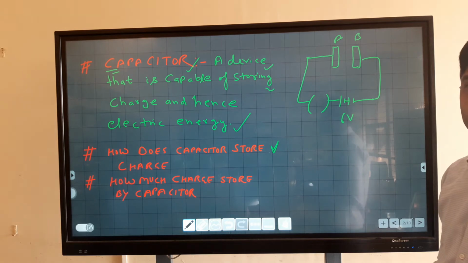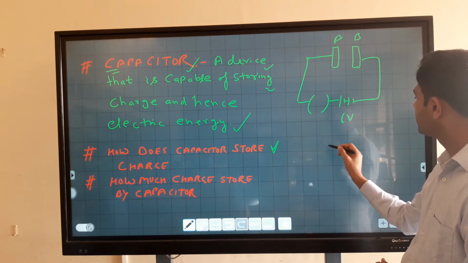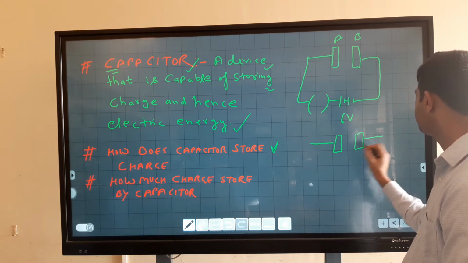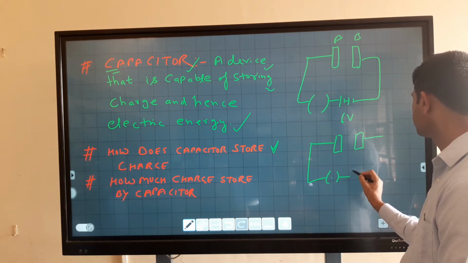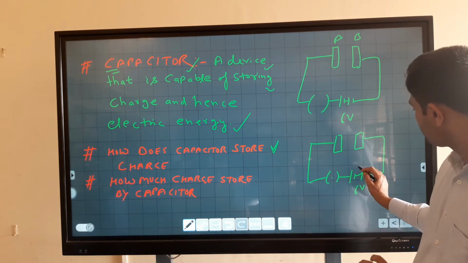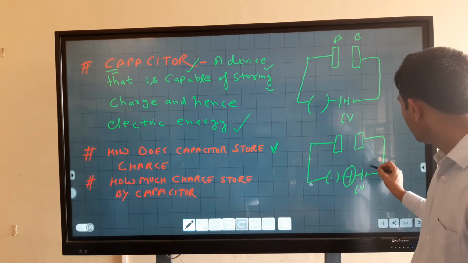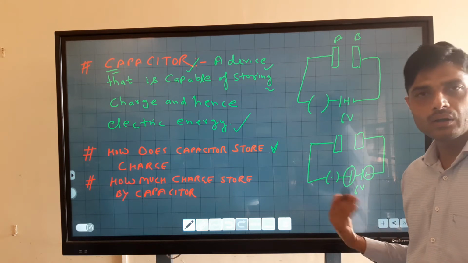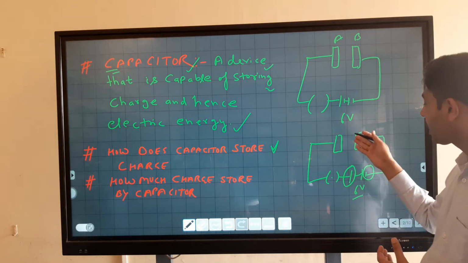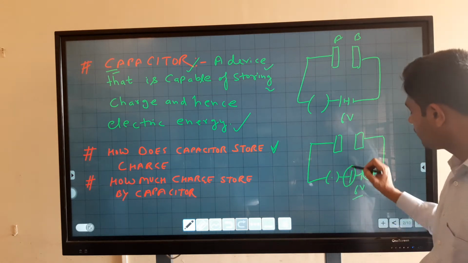When the key is off, there is no flow of charge, but when the key is on, then the positive terminal has high potential and the negative terminal has low potential, zero potential, because the potential difference is 6 volt. Then electrons start to move towards the positive terminal.